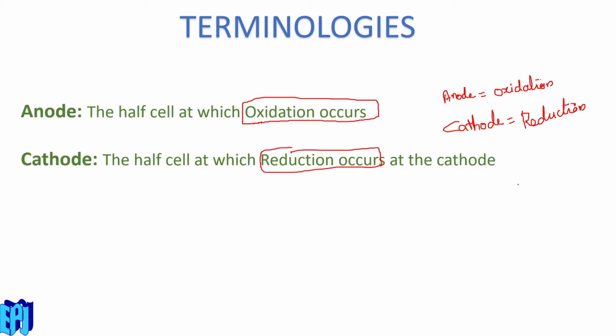That's it. But then you have a doubt, sir. You discuss anode and cathode, and we know that anode is the cell at which oxidation occurs, and cathode is the cell at which reduction occurs. So maybe a doubt may arise: what do you mean by this oxidation or reduction? Let us move to that.